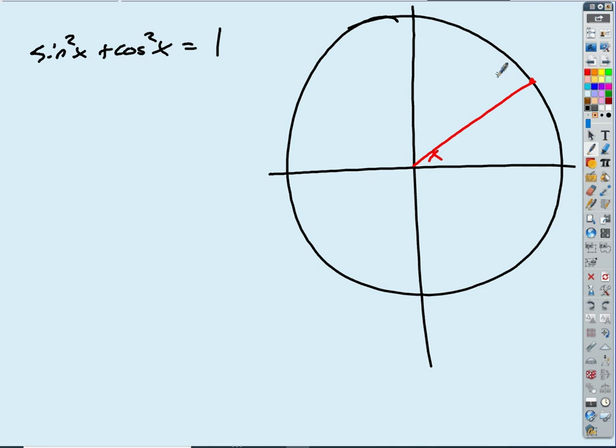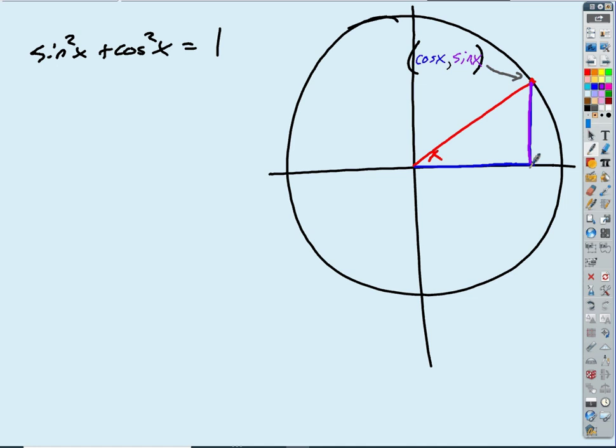So that point right there has coordinates cosine x, comma, sine x, right? Okay, so if those are the coordinates, then doesn't that mean that the distance from there to there is just cosine x?